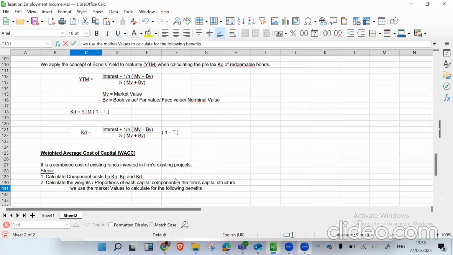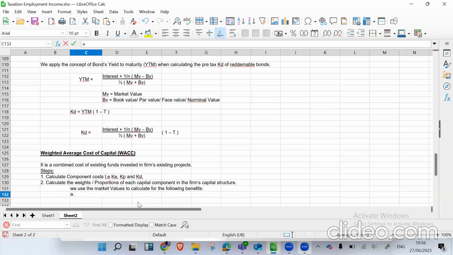There's a question that was tested some time ago. I can't remember the setting. They asked about the advantages and disadvantages, 2 advantages, 2 disadvantages of using the market values. You can just highlight some 2 advantages or 3 and other disadvantages.